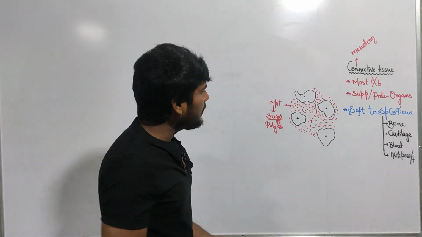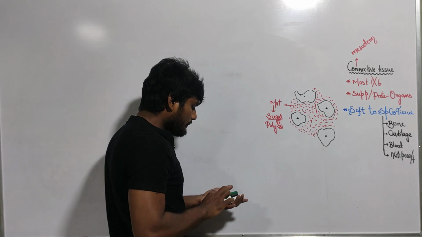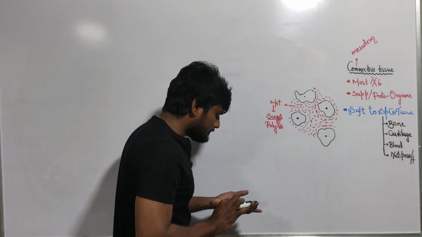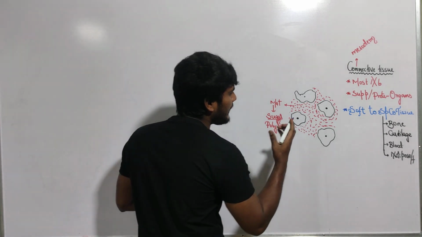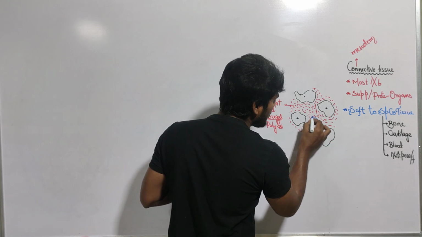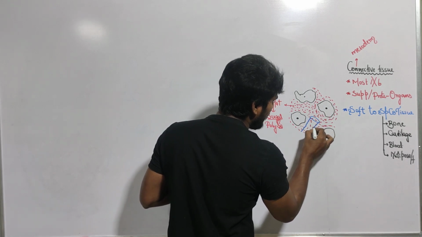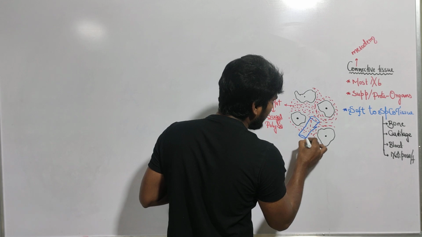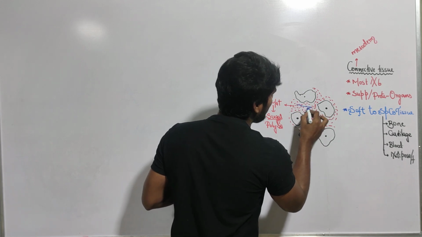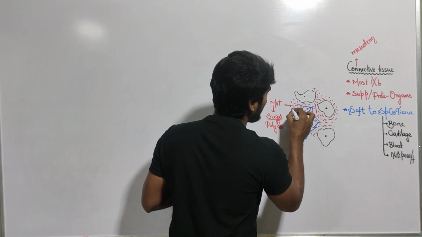Okay, fine. Now remember, along with these, there is also the presence of different types of cells, differently shaped cells, like this.